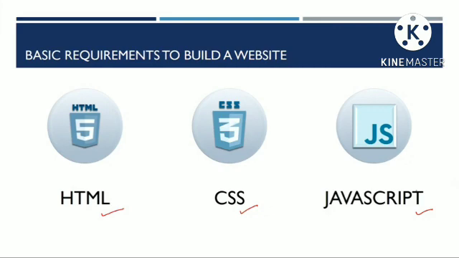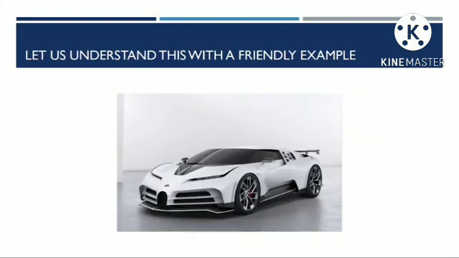But before that, I want you to understand that one needs HTML, CSS, and JavaScript to build a website. So if I talk about the necessary requirements to build a website, HTML, CSS, and JavaScript will work just fine.